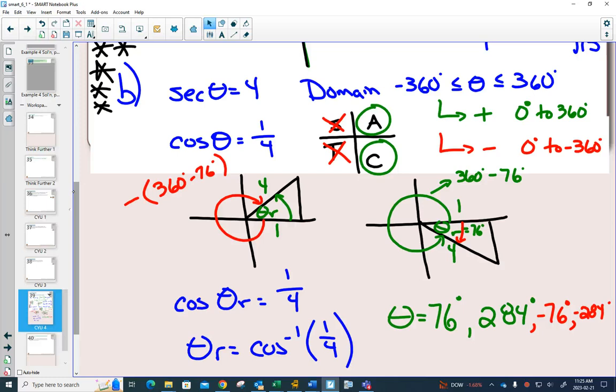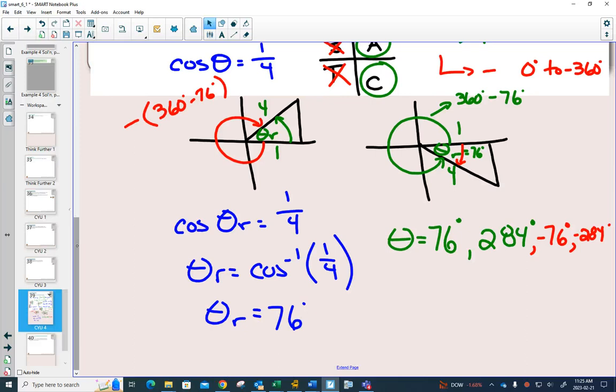Drawing the pictures in the right quadrants, that's from grade 11. Figuring out your reference angle from the triangle is actually a bit of grade 10 and grade 11, because it's grade 10 since you've got an actual triangle now. As soon as you have a physical actual triangle, you're doing grade 10 trigonometry. But in the physical triangle, the angle we had was the reference angle instead of the actual angle.